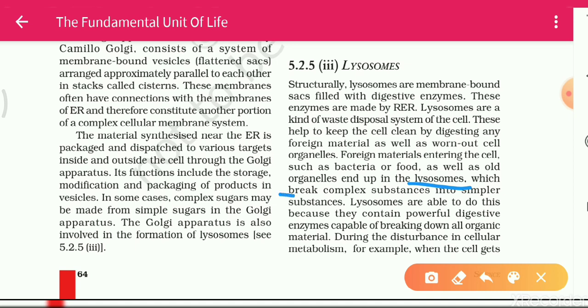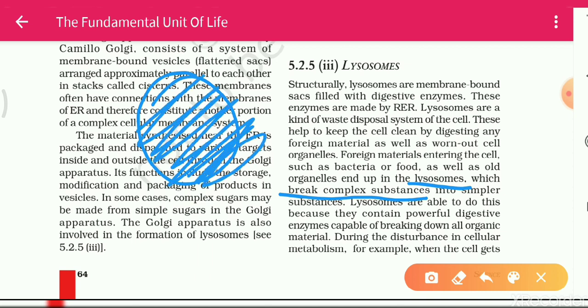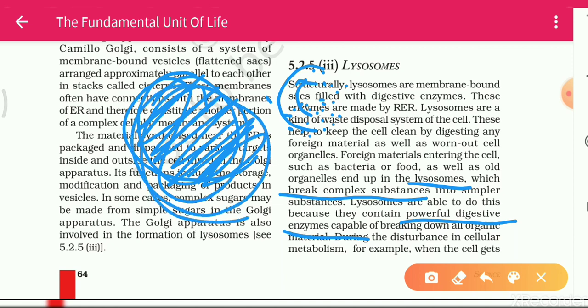They break the complex substances into smaller substances with the help of the digestive enzymes, and they can eat them. Okay, lysosomes are able to do this because they contain powerful digestive enzymes capable of breaking down all organelles. I told you that inside the lysosome digestive enzymes are present, with the help of which it can easily break complex organelles into simpler ones.